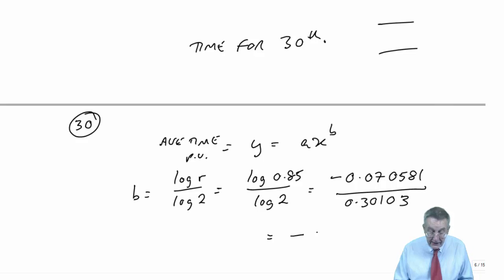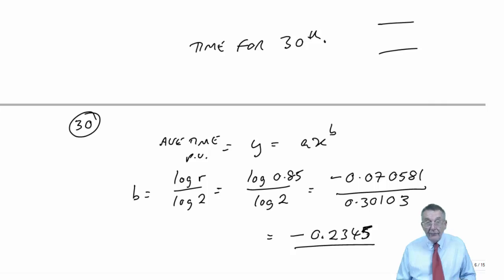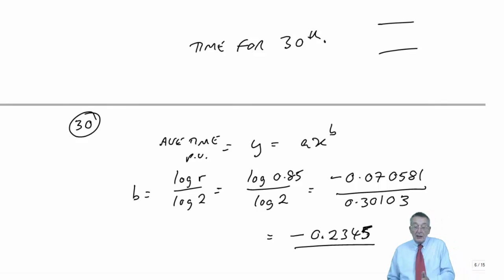I get minus 0.2345. And usually, unless you're given a figure for b, usually write it to 4 decimal places.